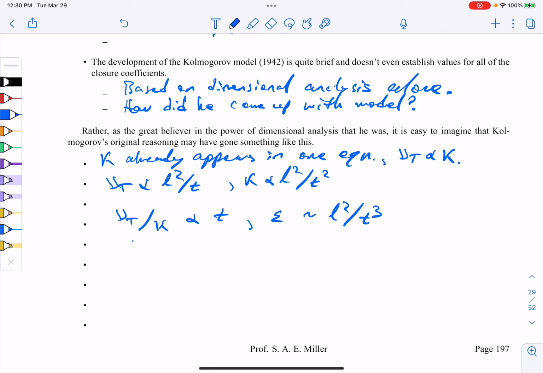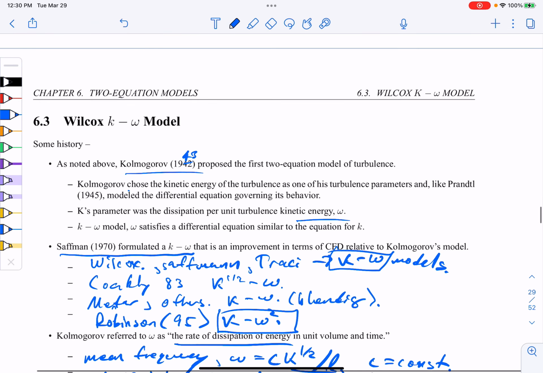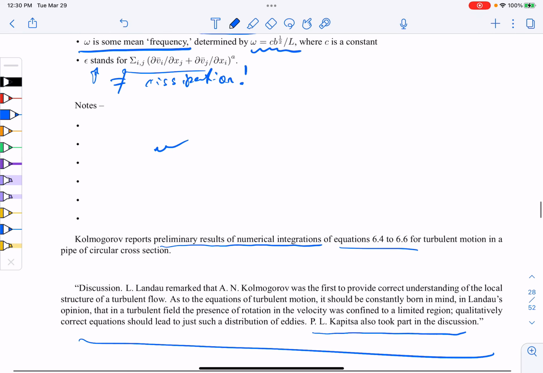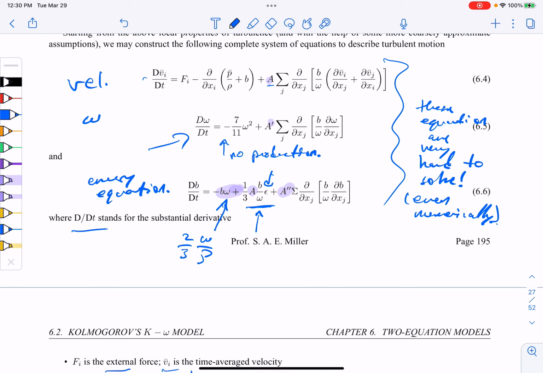Well, if we look at dissipation divided by k, that would have the dimensions of 1 over time. So if we look at equations, I'll let you copy that for a second. So here's the clue. If we look at equations 5.8 to 5.11, we can look at these two.